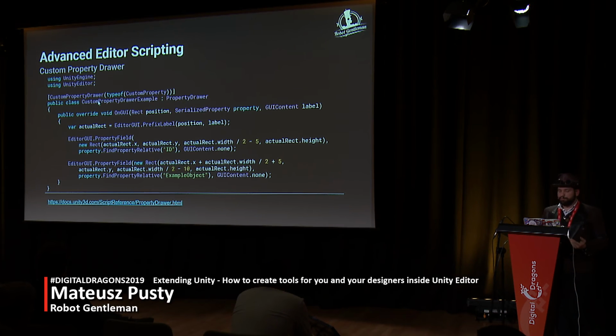I can create a custom property drawer that, again, derives from PropertyDrawer and has the correct attribute, that will display the label for it and these both property fields. I did some calculations here in one line.